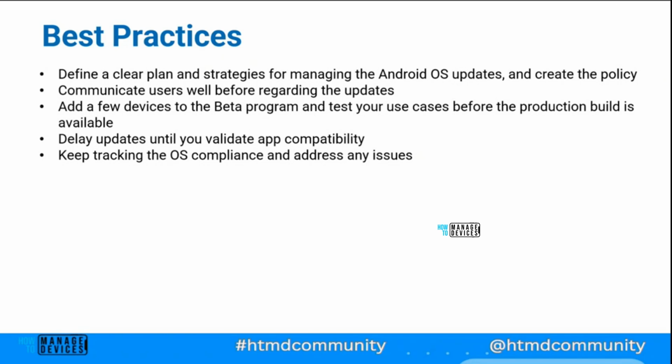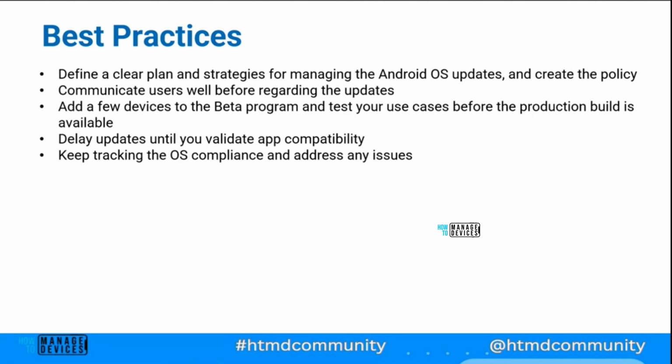If you feel there is an issue with the new version, you can delay the OS updates, or communicate with the users that they should not update their devices. So it's always better to enroll in a beta program and validate app compatibilities and enrollment compatibilities. Sometimes the enrollment device restrictions break because of the OS updates as well. I have seen those kinds of scenarios, so it's always better to test prior to the OS release.